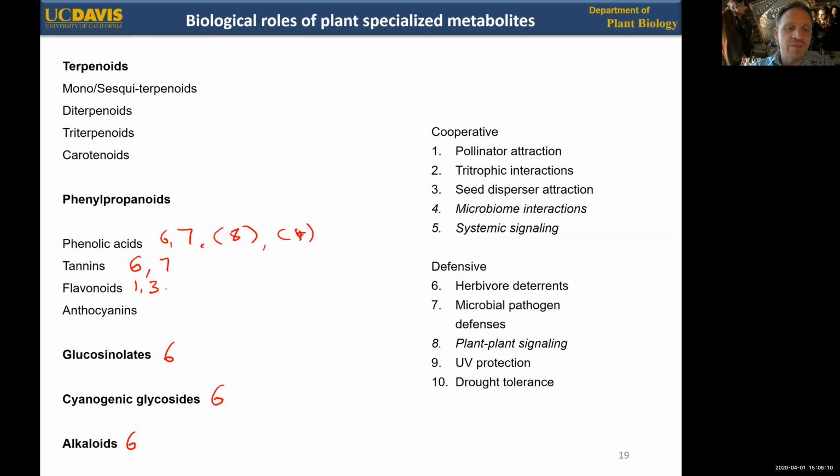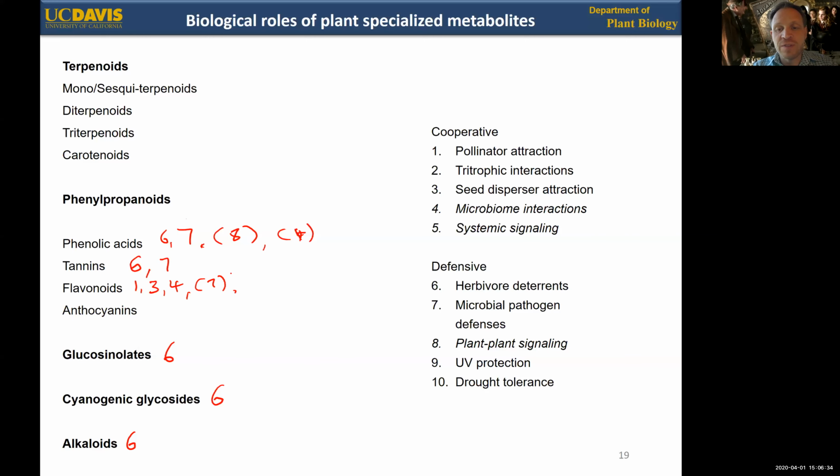So number 4 is a factor here. Flavonoids probably have less impact in herbivore deterrence. They may have some microbial pathogen defense functions. So I list those here in brackets, but I think that's not a major role.